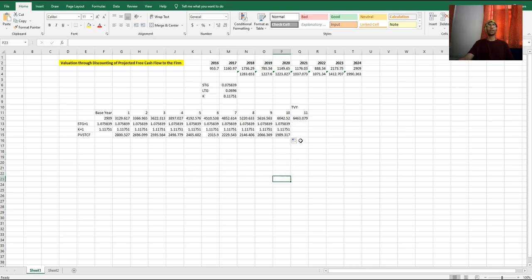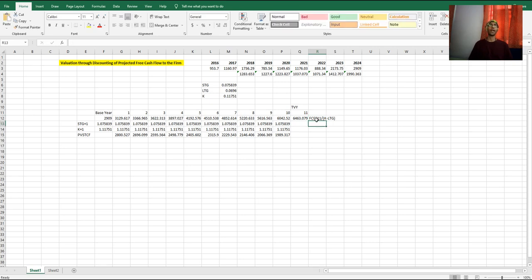Now we'll calculate the terminal value. Let us first understand the formula for this. The formula is 11th year free cash flow divided by cost of capital minus long-term growth rate.